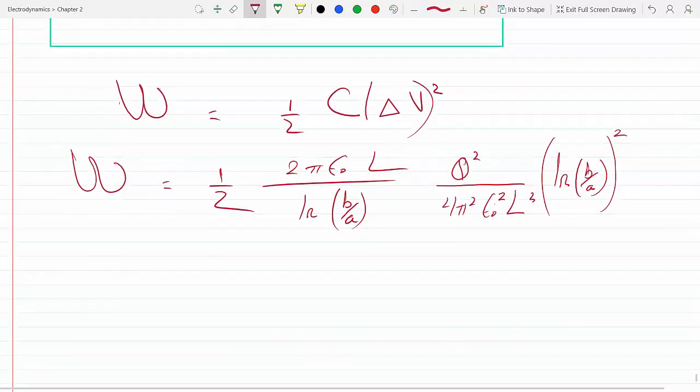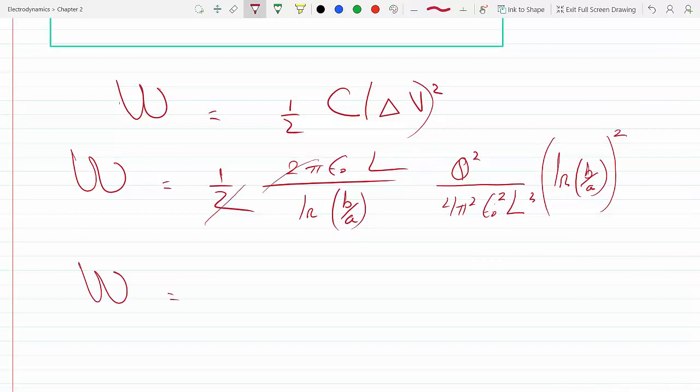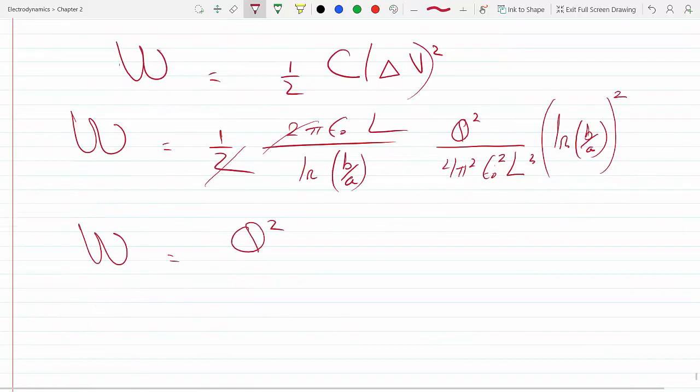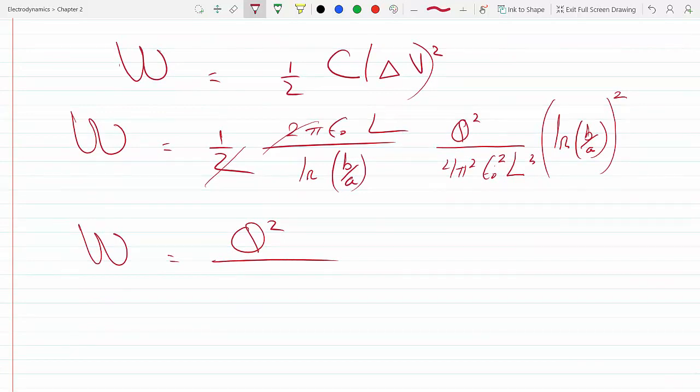Okay, and just simplify, so we get the work is equal to, the 2 cancels out, pi cancels out, epsilon cancels out, L cancels out, so indeed we get Q squared over, we have 8, 2, so 4 pi epsilon L, right? And then one of these cancels out, so we get ln b over a.